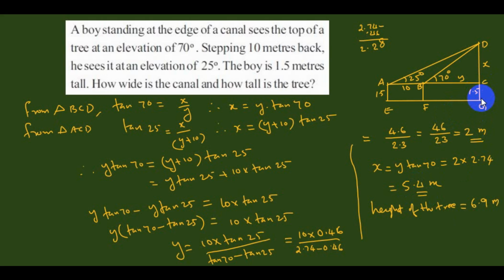Now width of the canal we obtained, it is the value of y, it is 2 meters. That's all. Now you can write this question, draw this figure there, and all these steps in your notebook. I think that you have understood how it is written in your notebook.